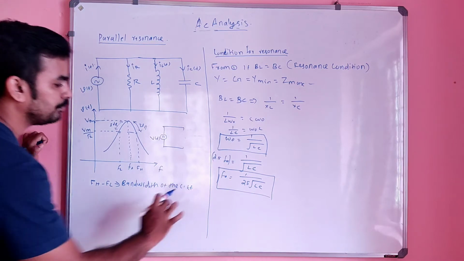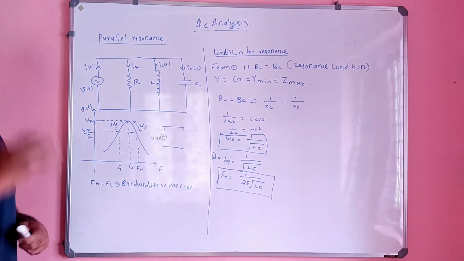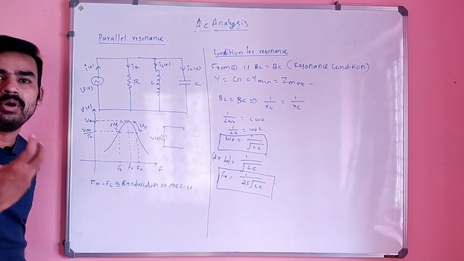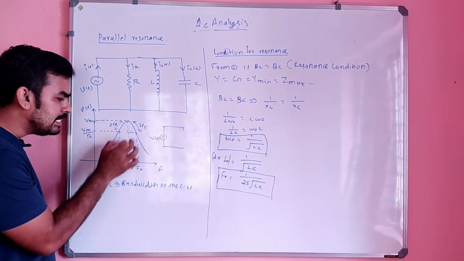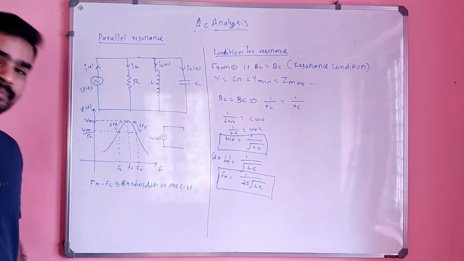Bandwidth of the circuit. And what is the physical meaning of that bandwidth? In the series resonance condition also we experienced a term called bandwidth. So what is the meaning of bandwidth, or why is this region so important? This FL and FH region is so important. Why?